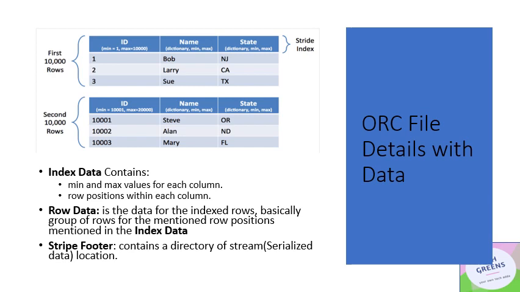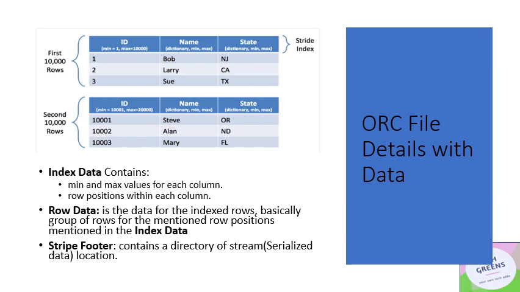So this is one example we can take, of how it will look if we put some data into the ORC format, what the physical representation of that data would be. So here is a table which has three columns: ID, name, and state.